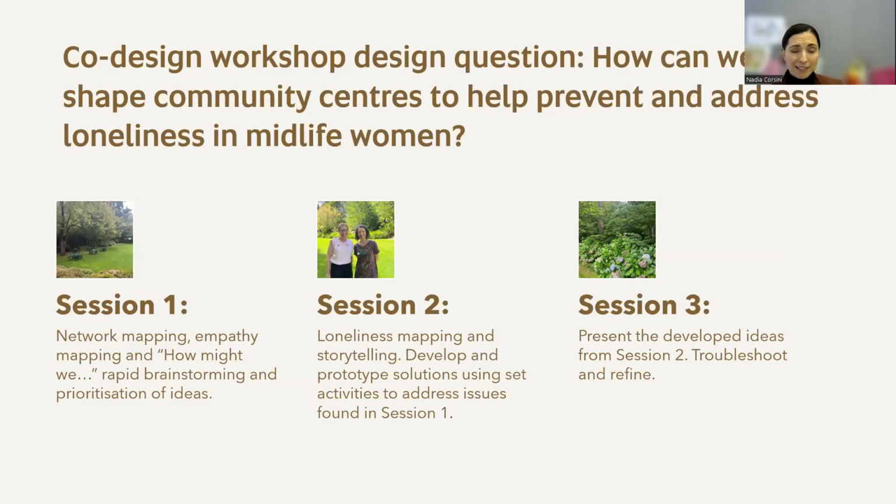You might ask, why community centres? There are more community centres in Australia than there are McDonald's. So it's a very, very large network of physical spaces and a lot of activity for the purpose of building connections in communities.